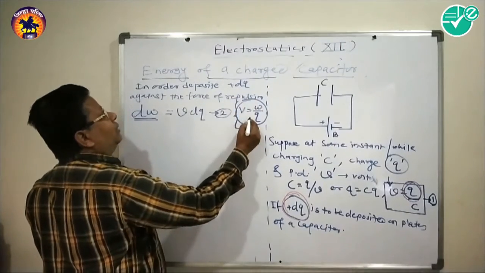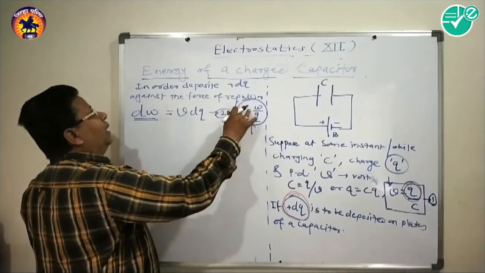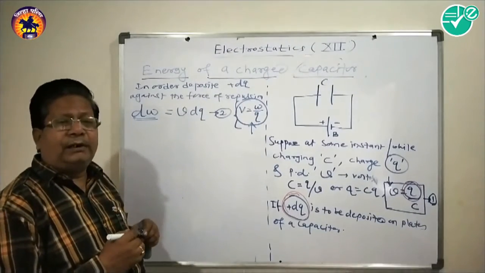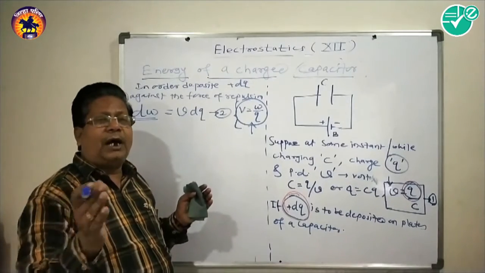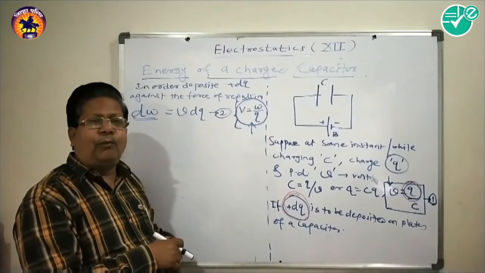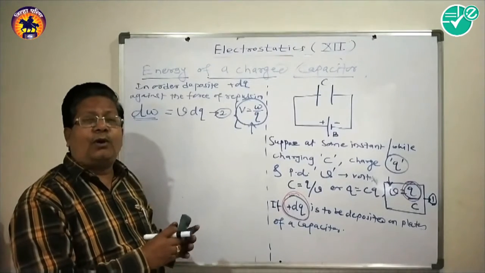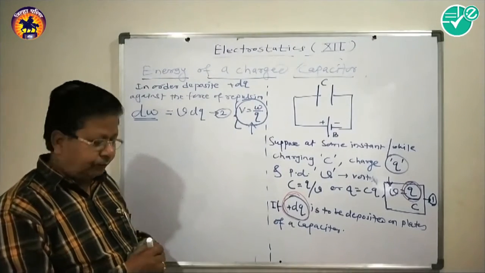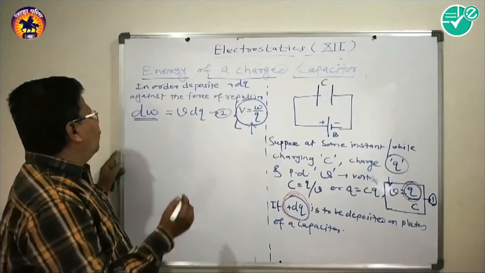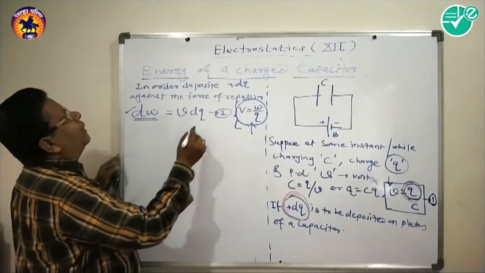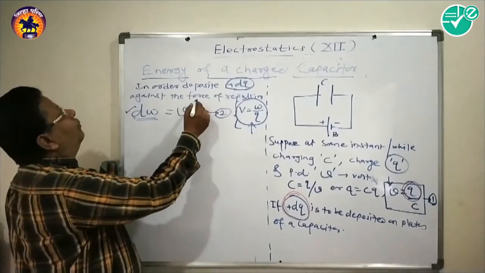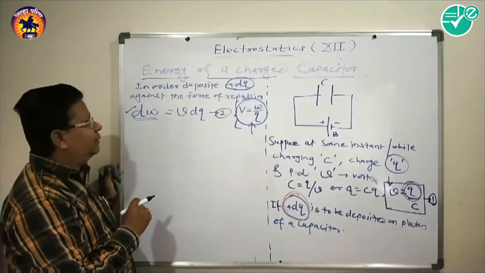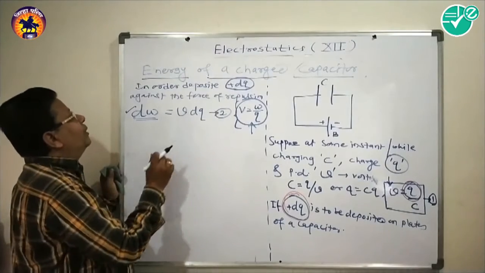So electric potential is nothing but the work done in bringing unit positive charge from infinity to a given point against the direction of electric intensity. So work done in bringing a charge plus dq against the force of repulsion is given by equation number 2.